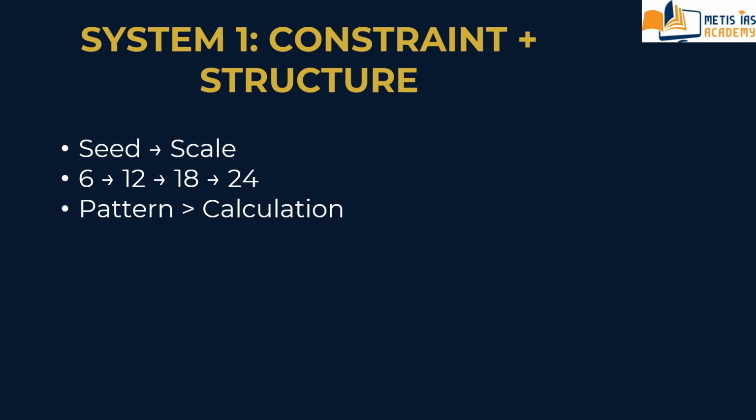How many numbers below 50 have this property? This is the actual question given in CSAT 2025. It comes under constraint plus structure system.